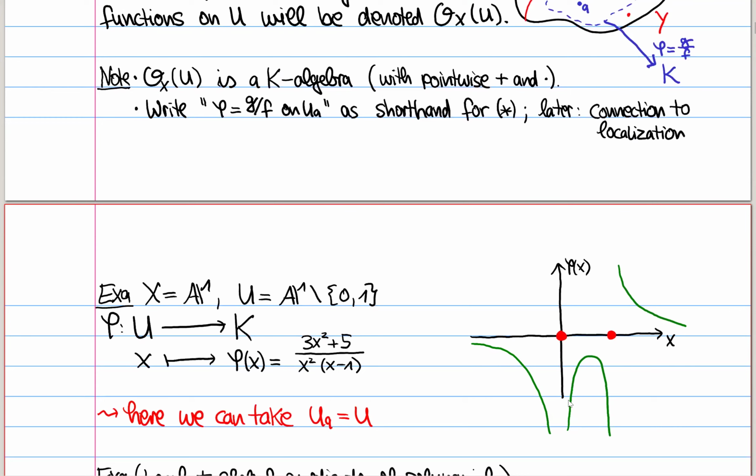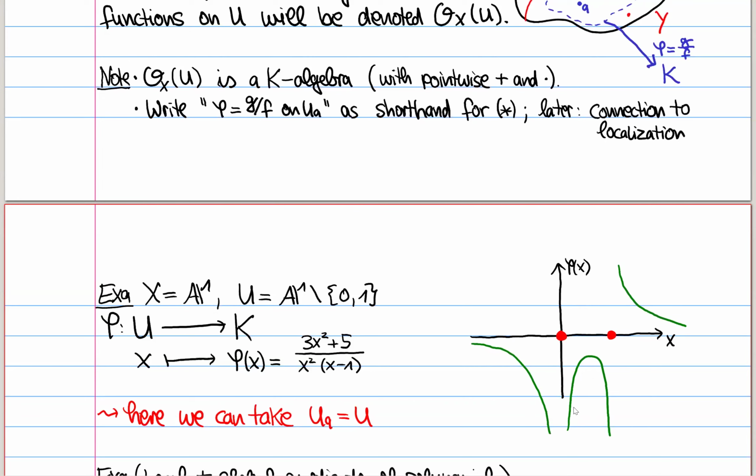This is the usual real picture, and here we see this is a regular function because it is the quotient of two polynomials, but it is not possible to extend this function to all of A^1. So here we really use that we remove two points, allowing some poles along these points.